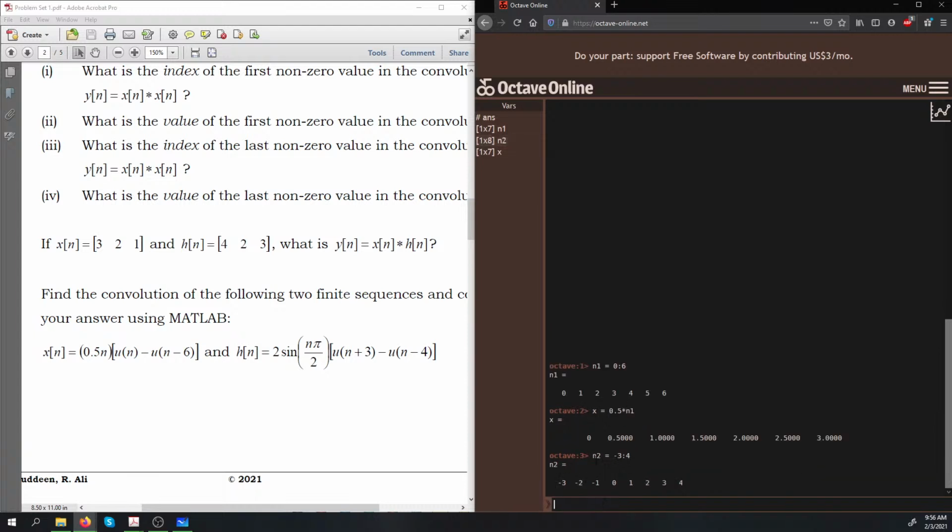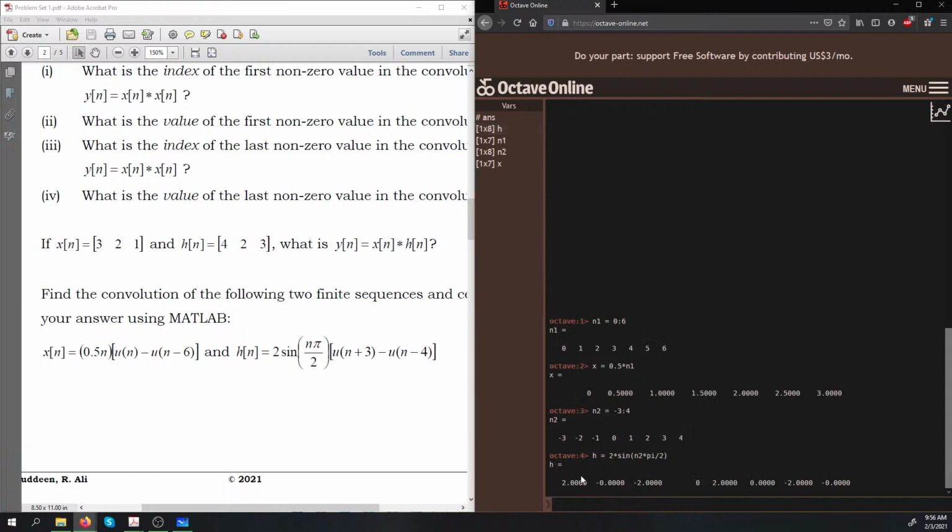So my n vector for h of n goes from negative 3 to positive 4 by watching the unit step difference. And then I need to get my values for h of n, so h is equal to 2 multiplied by sine of n2 times pi divided by 2. So I get my values for my h vector.